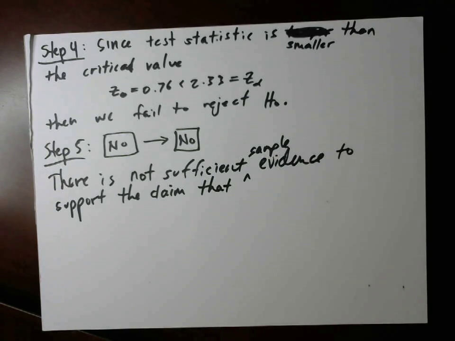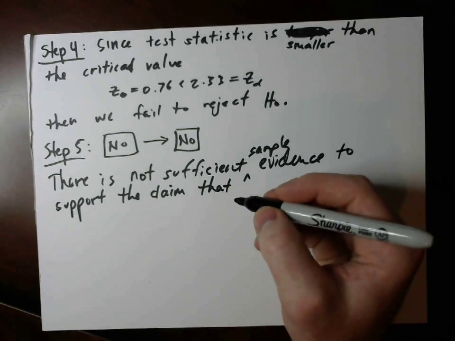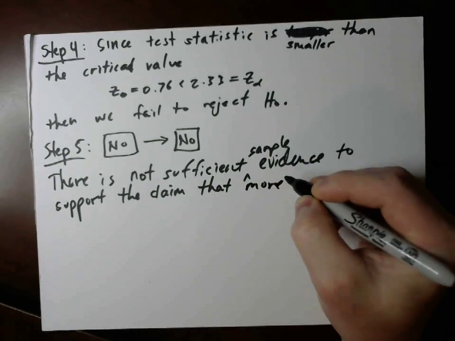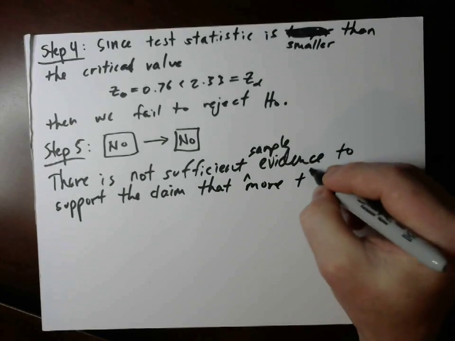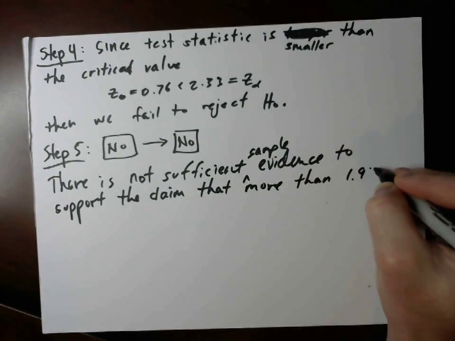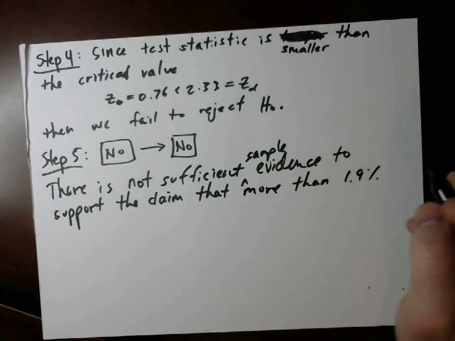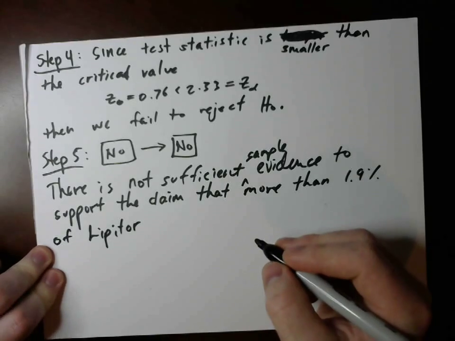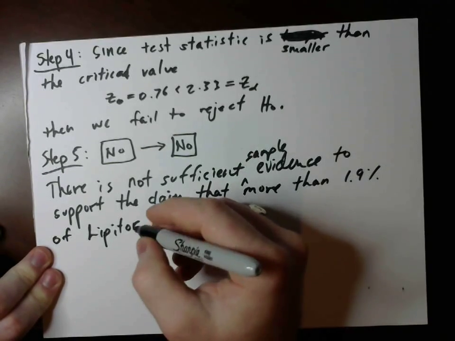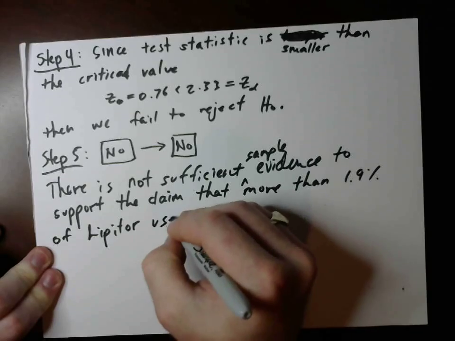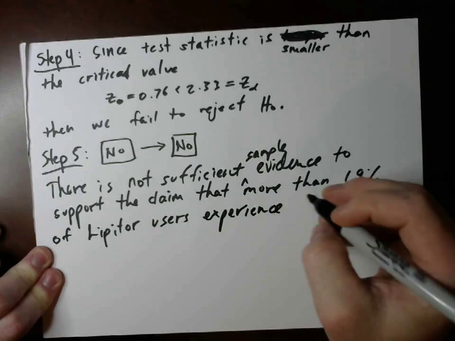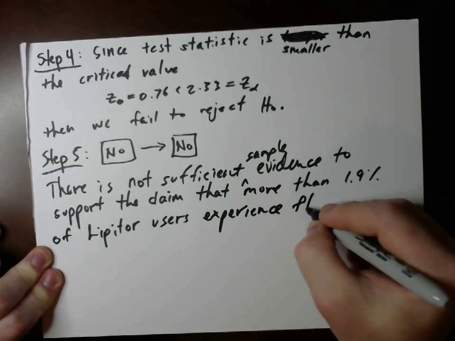So the original claim is the claim that more than 1.9% of Lipitor users experience flu-like symptoms as a side effect. This is directly from the problem, in the middle of that sentence where it states the claim.